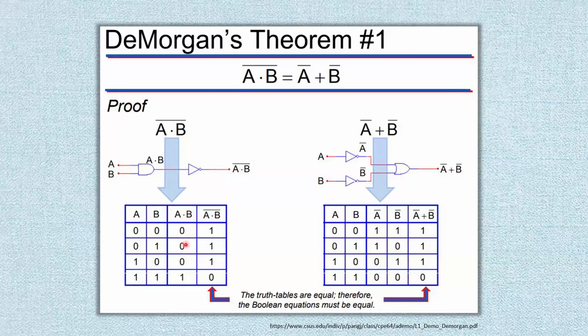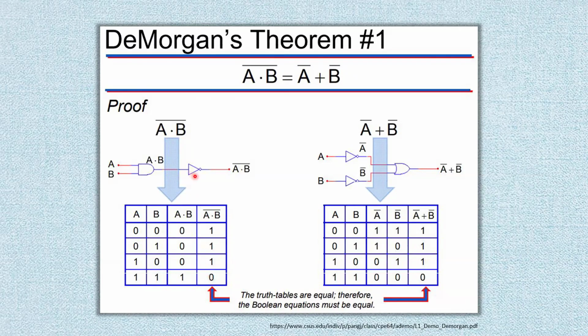That's the AND operation. And the inverted A and B is going to give us the opposite of the AND.